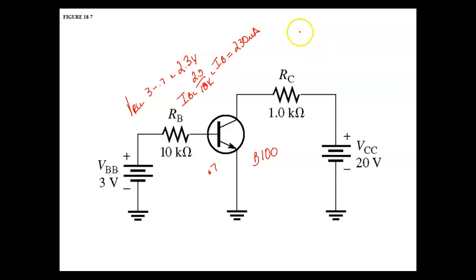I'm going to take that and calculate IC. IC is going to be equal to 230 micro times 100. That's the beta of the transistor, right? That's the gain of it. So that's used to calculate a collector current.